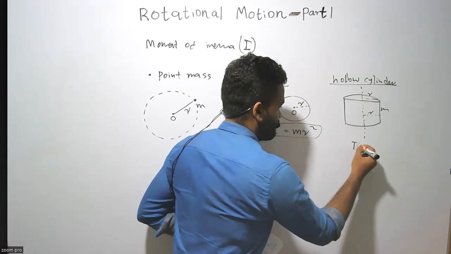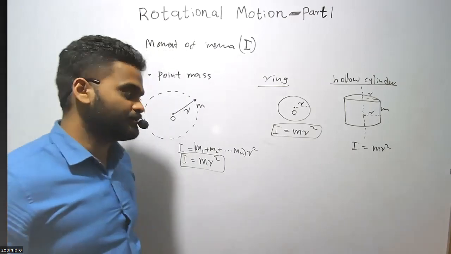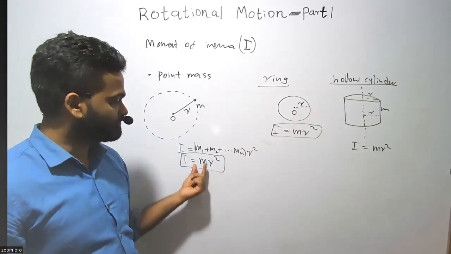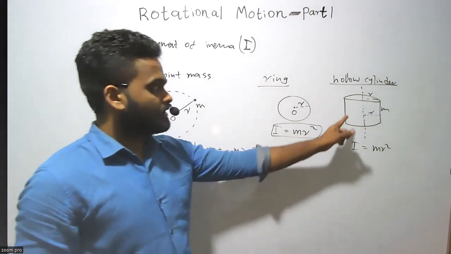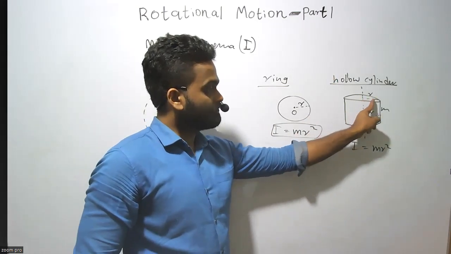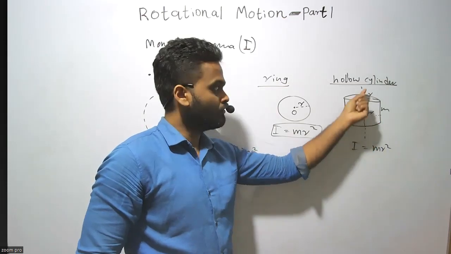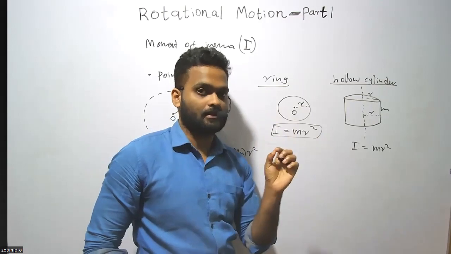So what can we apply for I? For that also, the mass distribution is the same for all three. See that? Because we got the same equation, mr squared. Again, the distance to all the particles of this hollow cylinder from the axis is simply r.